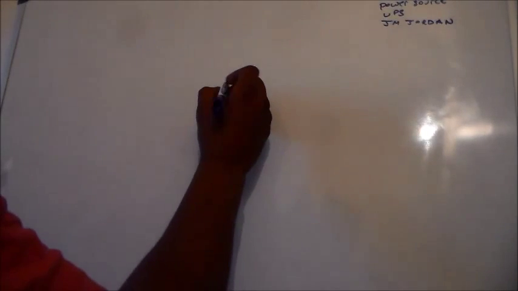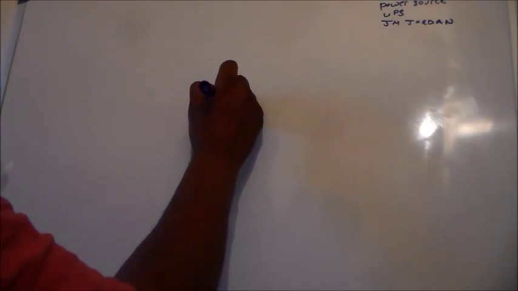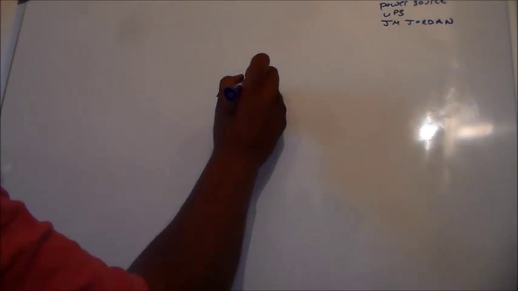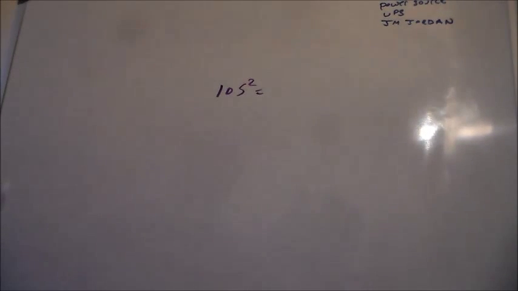If you follow my videos, you've seen how I multiply a little rapidly. So I use my rapid multiplication. Let's say 105 squared. Now, just one thing I want to step back on.